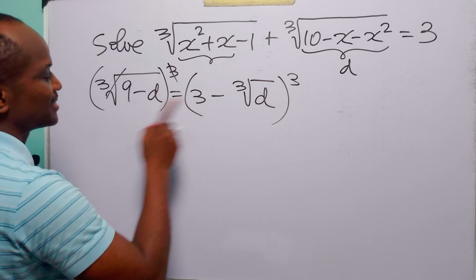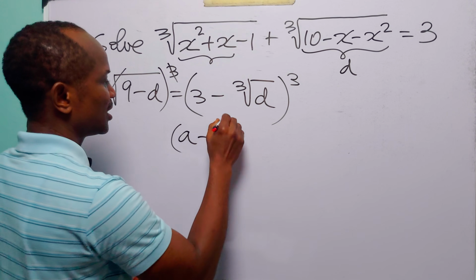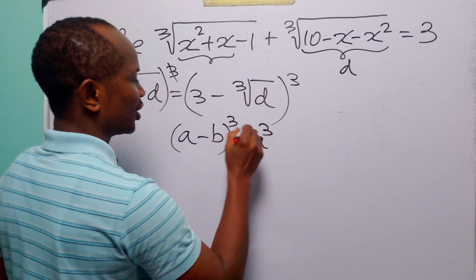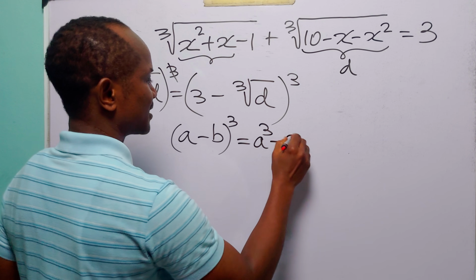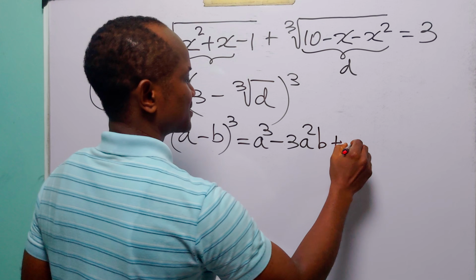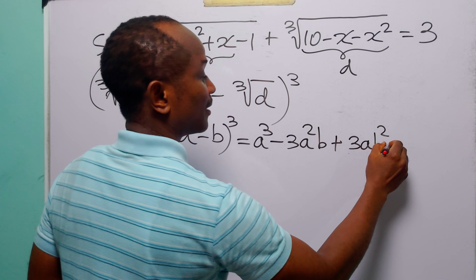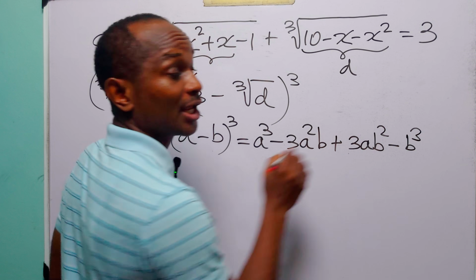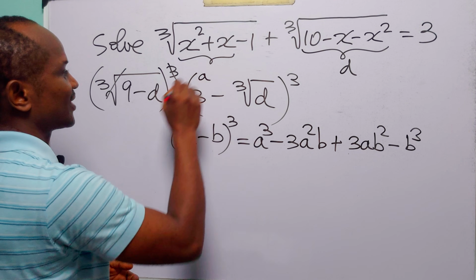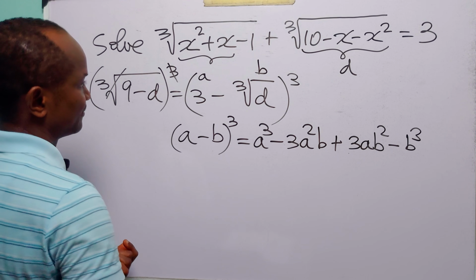Now, to expand this, let us remember that a minus b cubed is equal to a cubed minus 3 a squared b plus 3ab squared, then minus b cubed. Of course, in this case, a is 3 and b is the cube root of d.